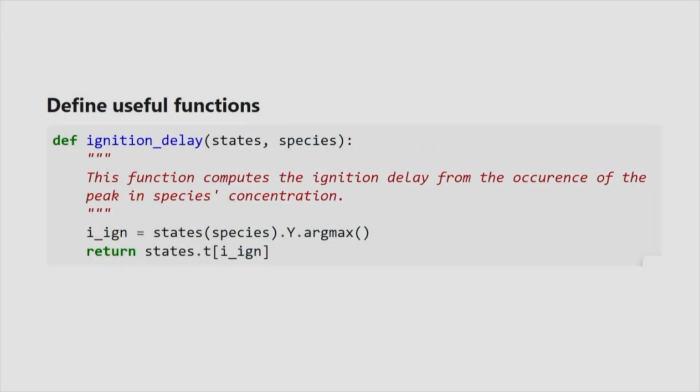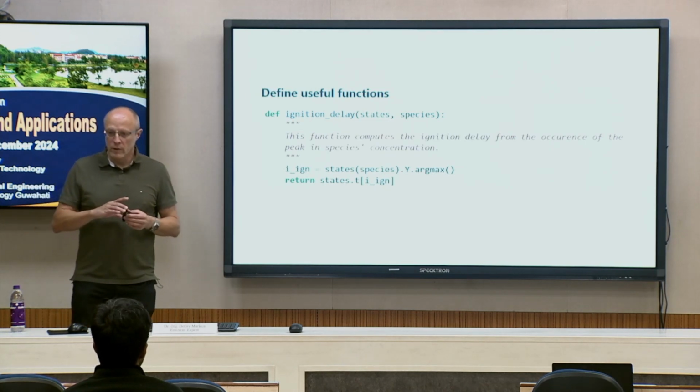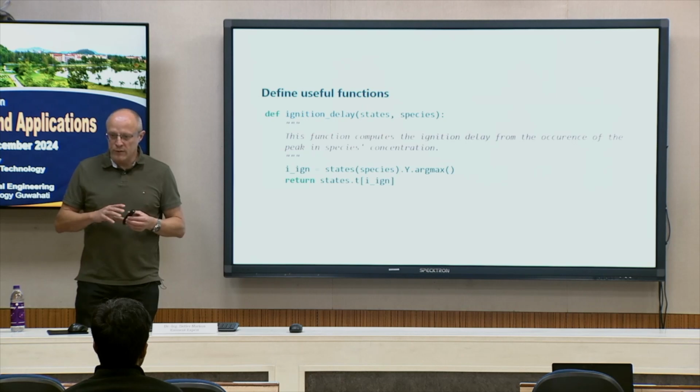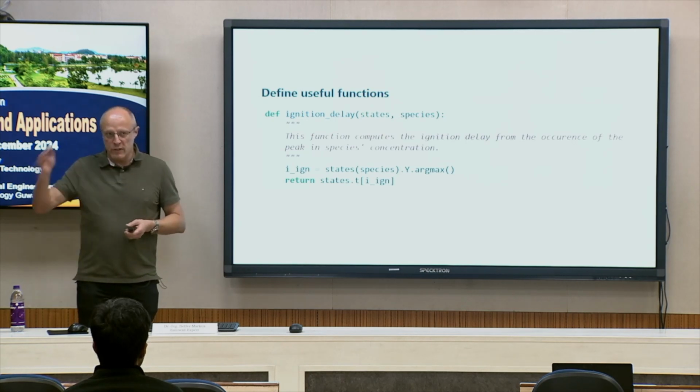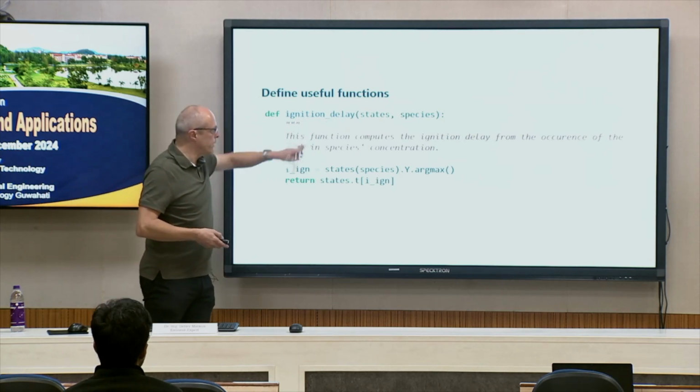But okay, then we have all the data to get the plots I have shown you. At the end we have solved our set of differential equations as a function of time, and we have temperature as a function of time, and so on. But what we want to know is the ignition delay time.